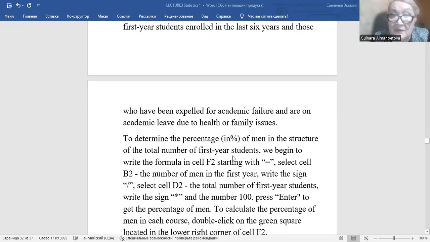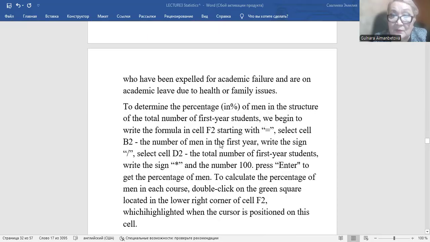To determine the percentage of men in the structure of the total number of first-year students, we begin to write the formula in cell F2, starting with equal, select cell B2, number of men in the first year, write the division sign, select cell D2, the total number of first-year students, write the multiplication sign and number 100. Press enter to get the percentage of men.